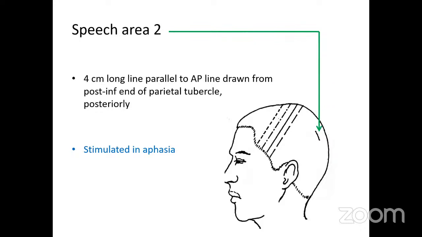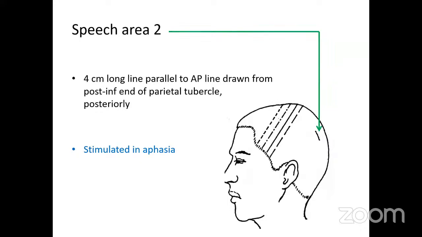Now we come to speech area 2. Speech area 2: look for the highest point of the pinna, apex of the pinna. Which point is there? Which point of the channel? Before it dips down in front to the tragus, which point is it? 20 goes down and becomes 21.